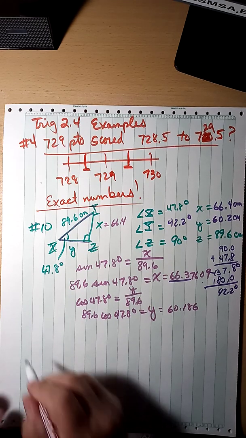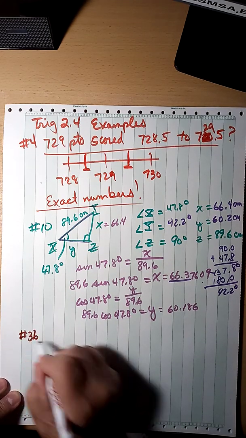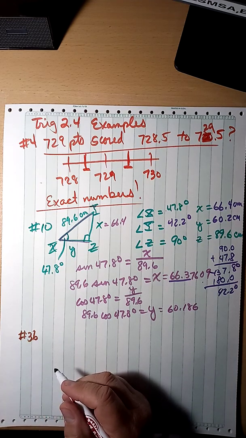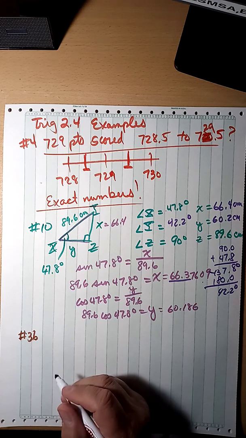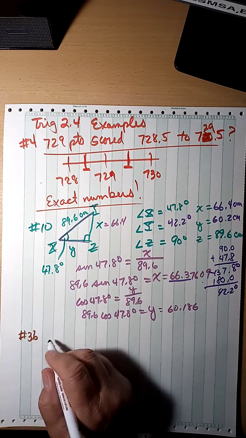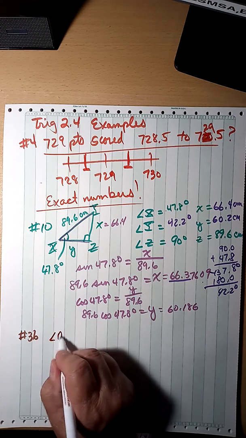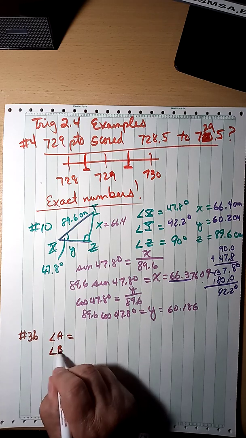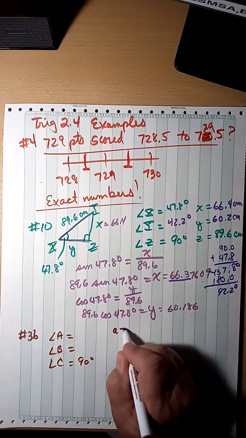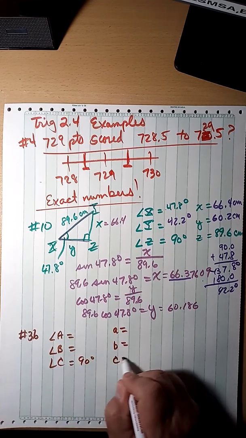Okay, how about number 36? These problems are supposed to solve each right triangle. C is the right angle. They give us, let's write these down first. Angle A, angle B, angle C, we know that's 90 degrees. Little a, little b, and little c.